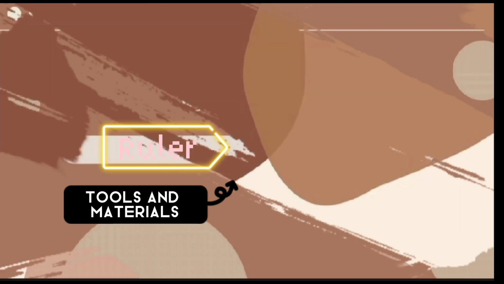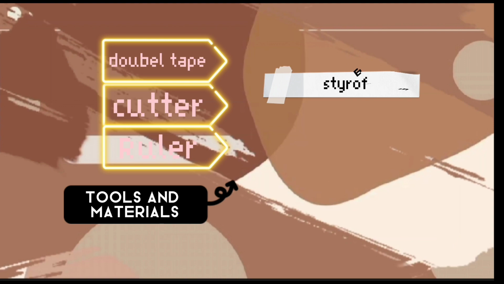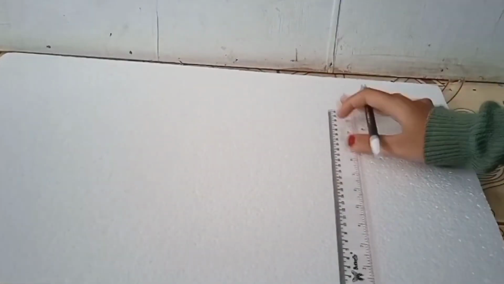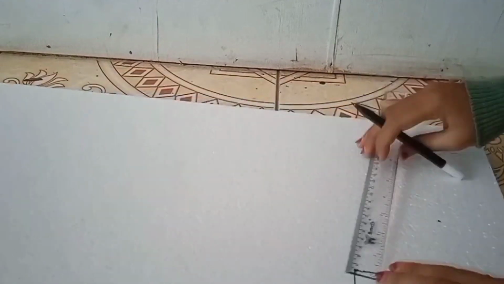Tools and materials for making AEM are as follows: a ruler, cutter, and double tip, and the materials are styrofoam and origami paper. The steps to make AEM are as follows. Step 1.